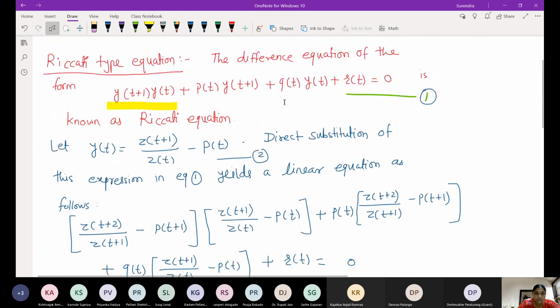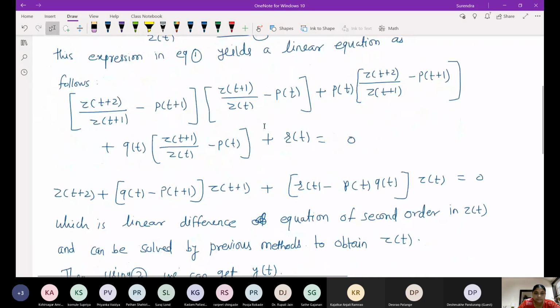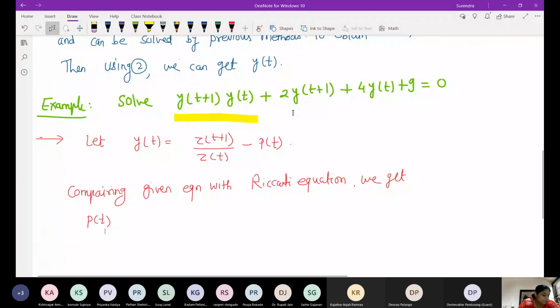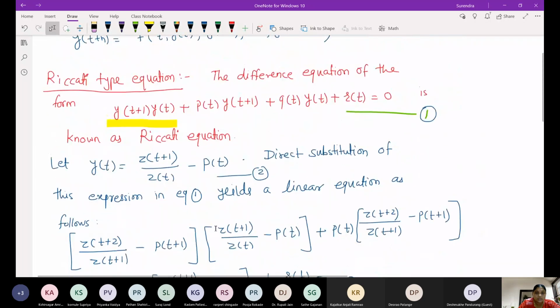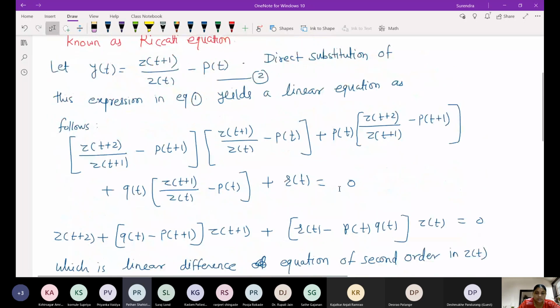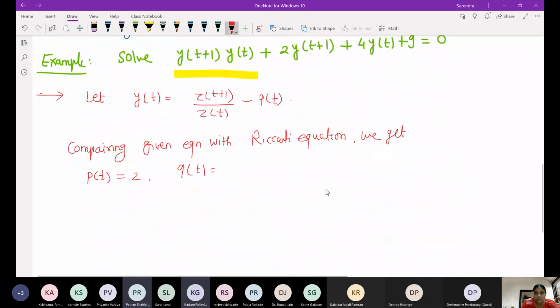P of t is the coefficient of y at t plus 1. What is the coefficient of y at t plus 1? It is 2. So p of t is 2. What is q of t? Q of t is the coefficient of y of t, so 4. And what is r of t? 9.